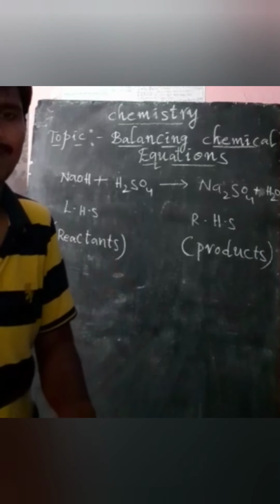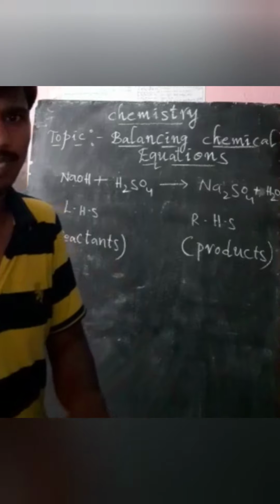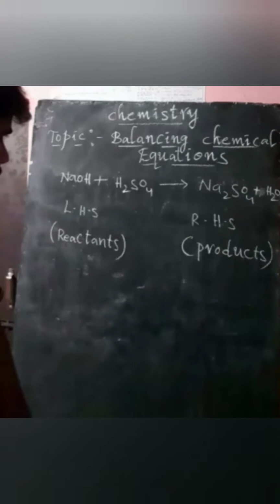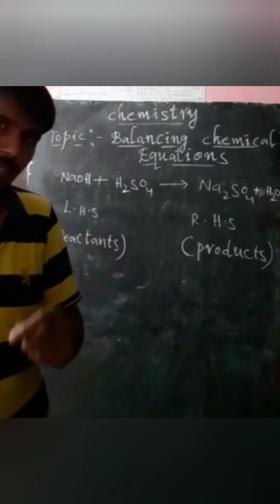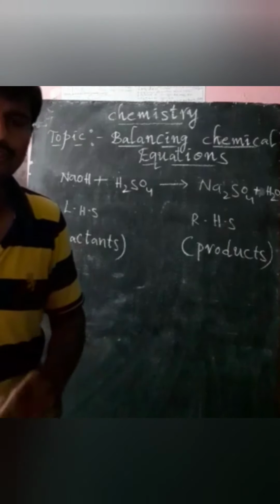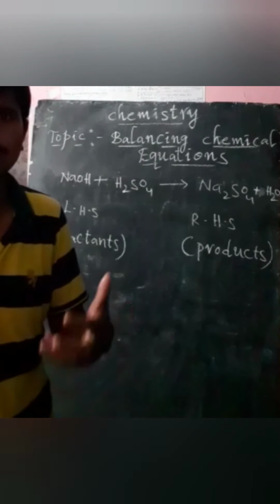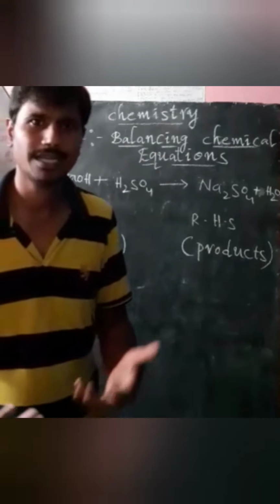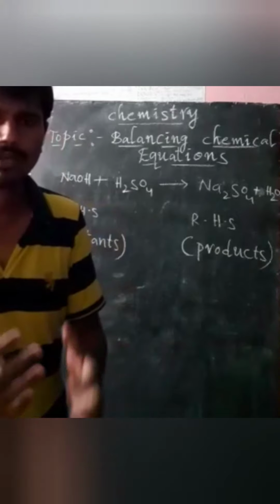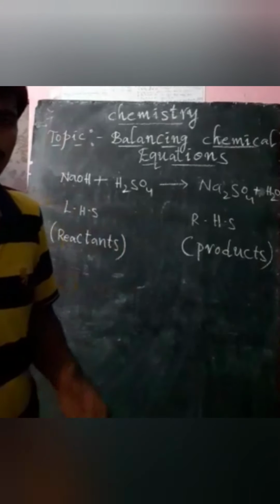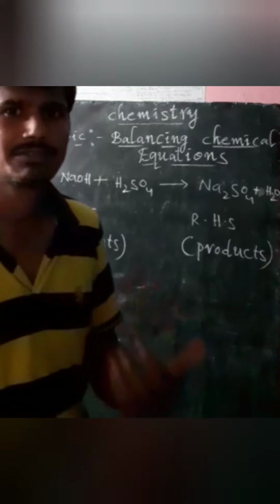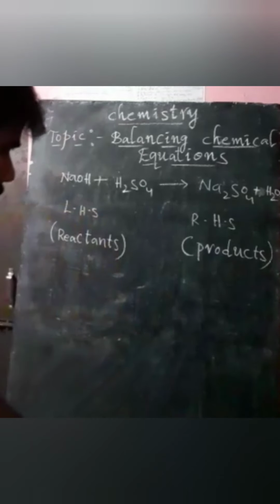Such equations we call unbalanced chemical equations. By multiplying the chemical formula with a suitable coefficient, it may be 2, 3, 4, we can take any suitable number.